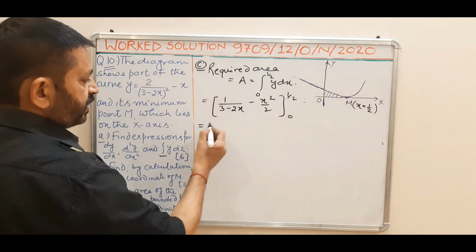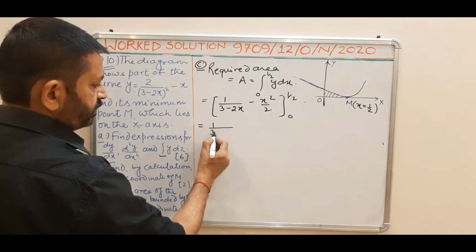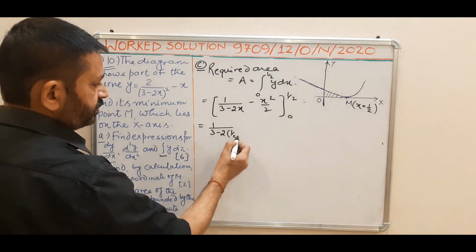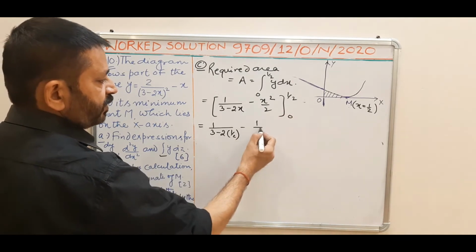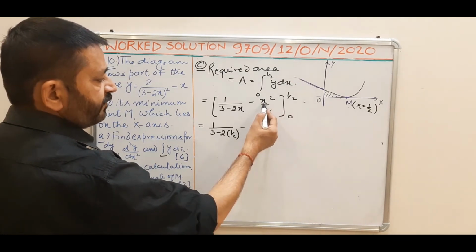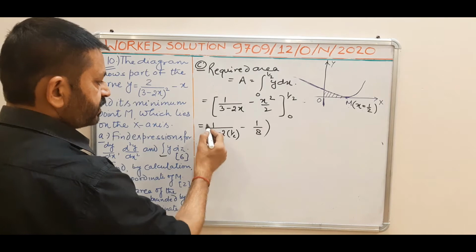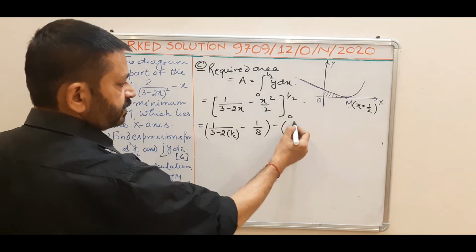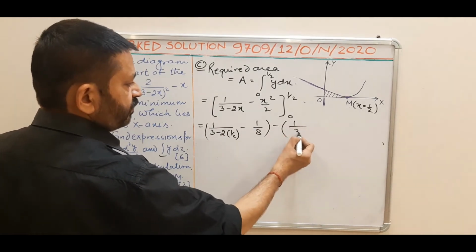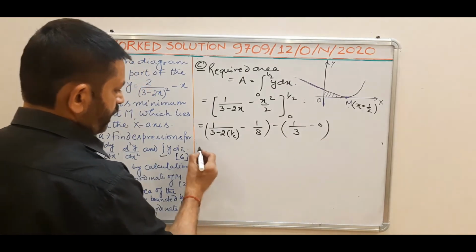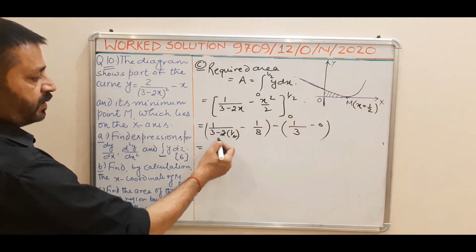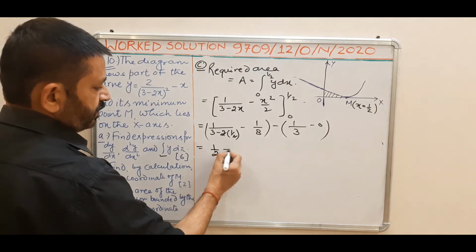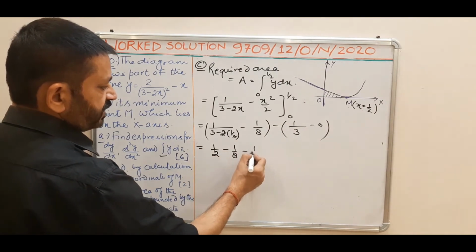First we'll put half, so it will become 1 upon (3 minus 2 into 1 by 2) minus 1 by 8. Put x equals half here, it will become 1 by 4. And minus, now put the lower limit, 1 upon 3 minus 0. 3 minus 2, 3 minus 1 is half, minus 1 by 8 minus 1 by 3.